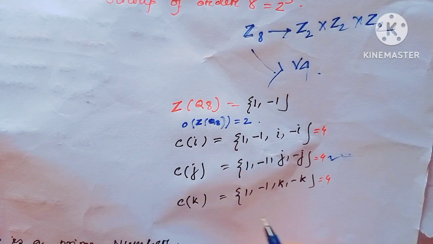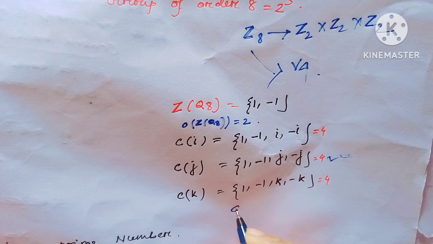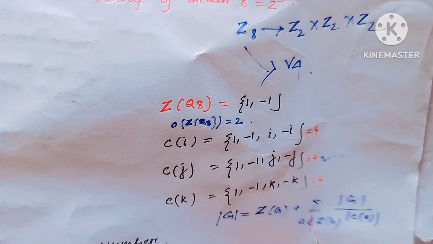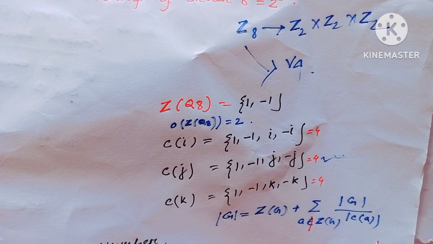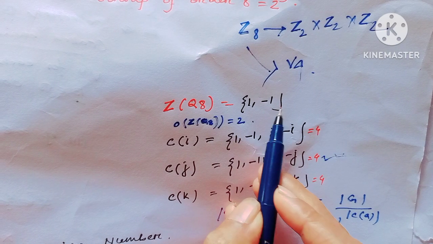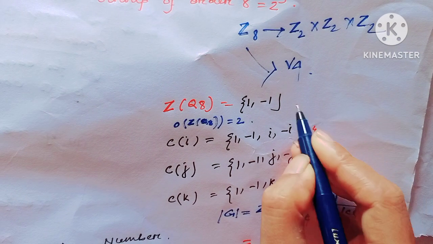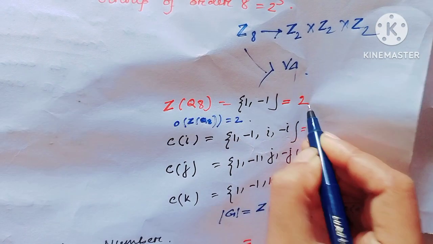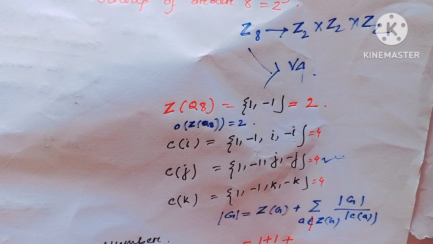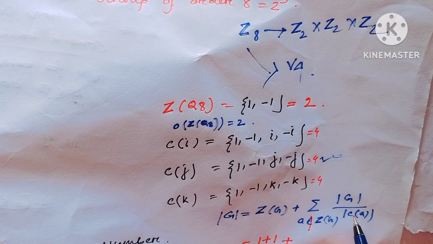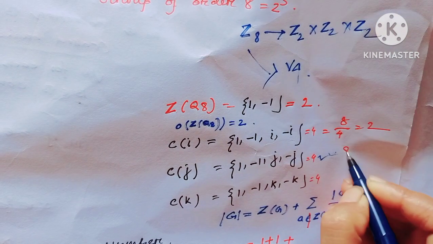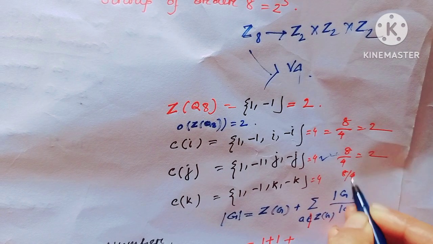So the order of G equals, as we all know, Z(G) plus the sum, over A not belonging to Z(G), of order of G divided by order of C(A). Since Z(Q8) contains the 2 elements 1 and -1, this is 1 plus 1, plus 8 over 4 equal to 2, 8 over 4 equal to 2, and 8 over 4 equal to 2.